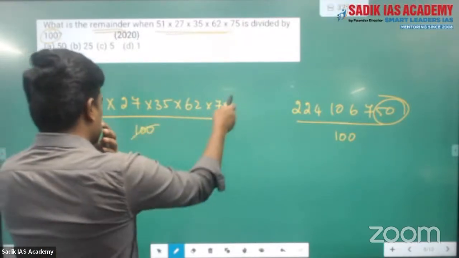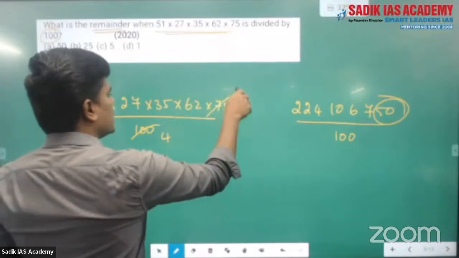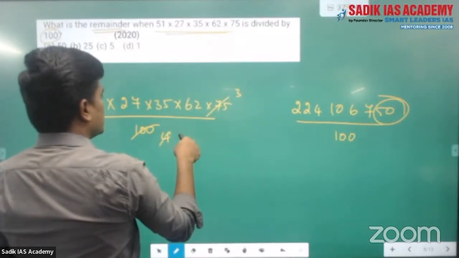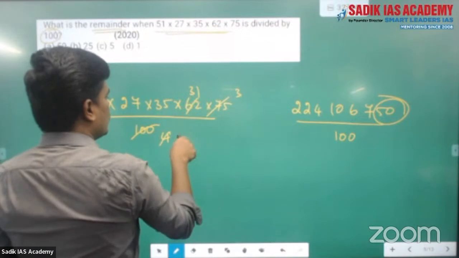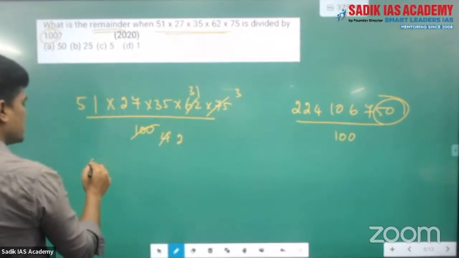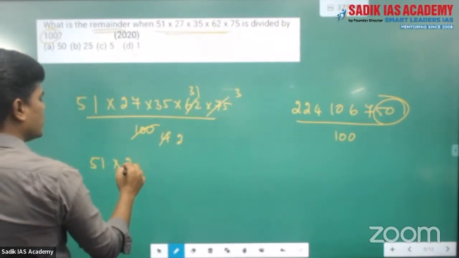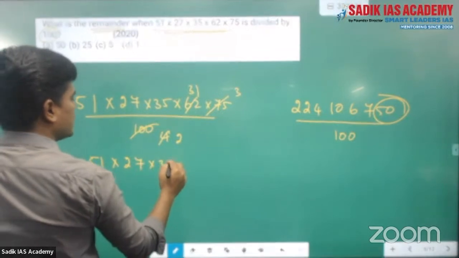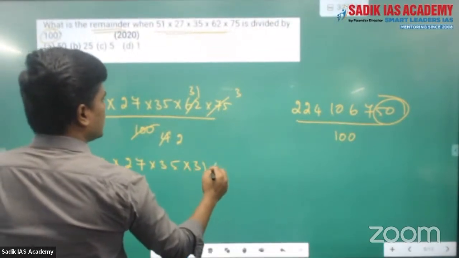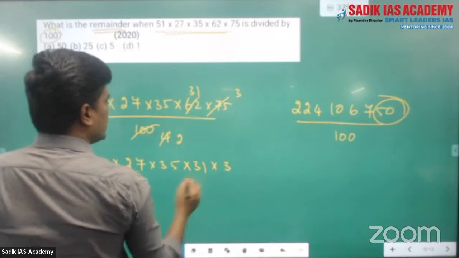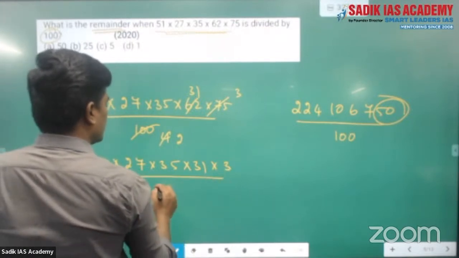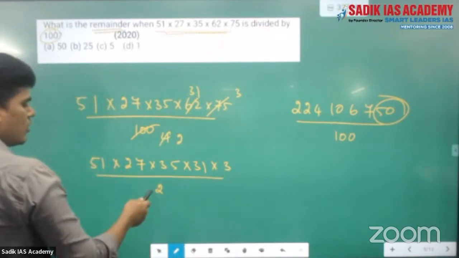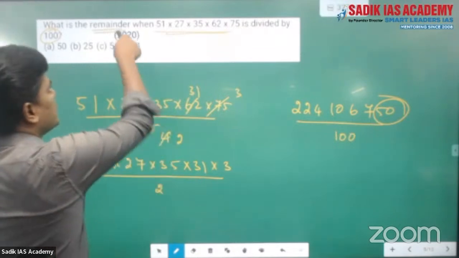So just cancel it. This is 4 times, 3 times. This is 31, 2. So finally, I'm getting 51, 27, 35, 31 into 3 by 2. Now we are going to consider only the remainder.